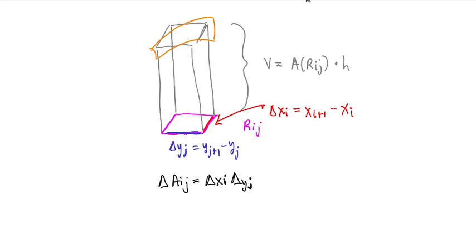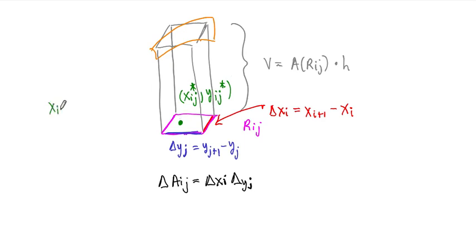Okay, and so the next thing we need to do is somehow determine the height of this prism. So we can choose any point in here. This should feel a lot like what we do in Calc 1. This point is going to be a test point, so this will be xij star and yij star. This is just any point inside the box.